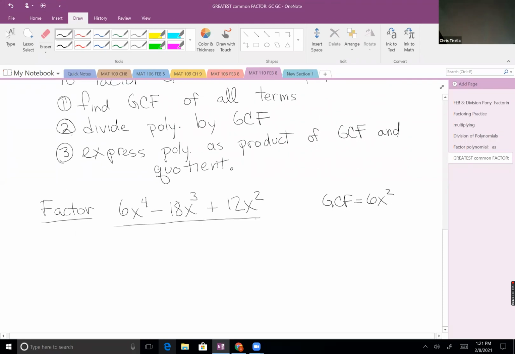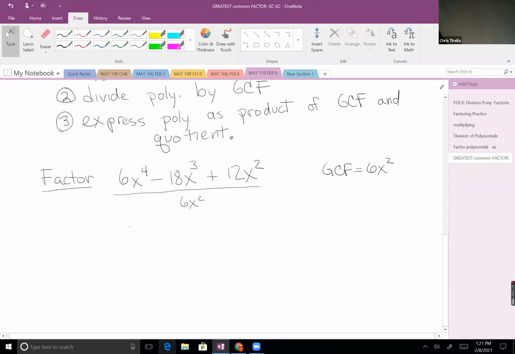And so when I divide that by 6x squared, and again in my head, I'm thinking of taking each of those terms and dividing them by 6x squared.